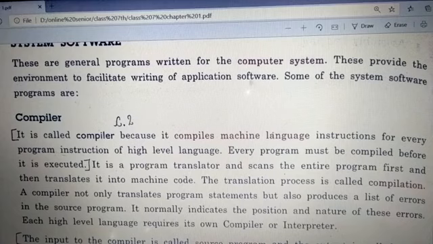And why is it called a compiler? Because children, it compiles machine language. Compile means to combine, you can say compile and combine are the same word. So it combines machine language instructions for every program instruction of a high level language.